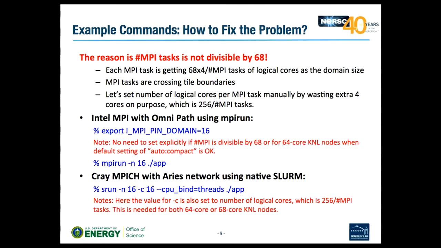So what we do is manually set it by purposely wasting the extra 4 cores. We set the MPI pin domain size to 256 divided by the number of MPI tasks, which is 16, and it gives you 16. This is essential on 68-core KNL nodes if your number of MPI tasks is not divisible by 68. If it is, or if you are on 64 cores, it's okay to not set that.